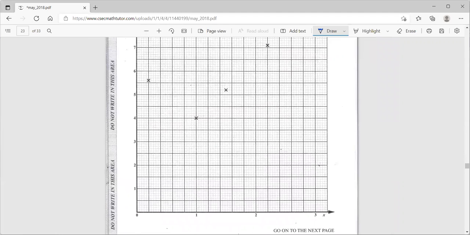So first of all, we need to watch out for the boxes. They said 1, 2, 3, 4, 5. So this is a 5-to-1 scale on the x-axis, and on the y-axis we have a 2-to-1 scale, 2 boxes representing 1. Everybody with me, right? So where would 0.5 be between 0 and 1?